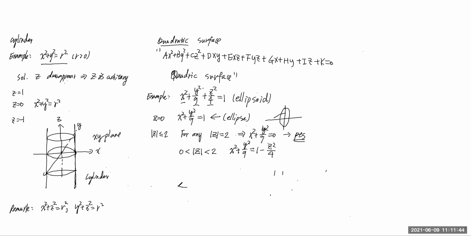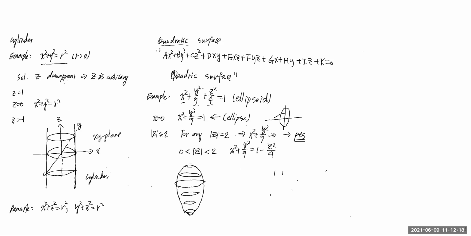When z is 0, this is the ellipse, like this. When z gets bigger, your ellipse gets smaller, and smaller. Finally, you get your shape kind of like this. I think this is kind of an American football, right?